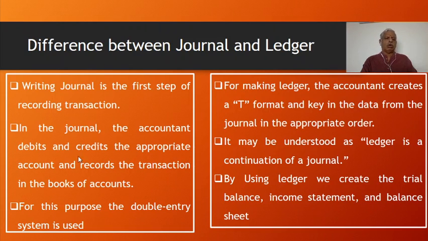All transactions are recorded and all such transactions are segregated and posted in different ledgers. And the ledger looks in a T format. By using ledger, we create a trial balance, income statement, and balance sheet, etc. So this will result in a preparation of final statements, whereas the journal is only recording the transactions in the appropriate books.